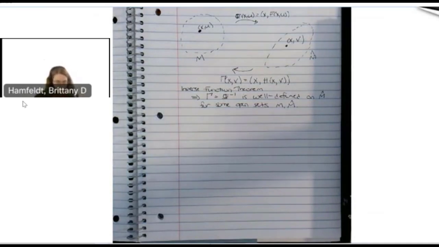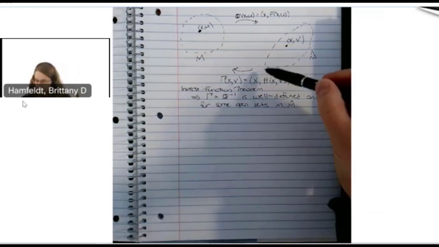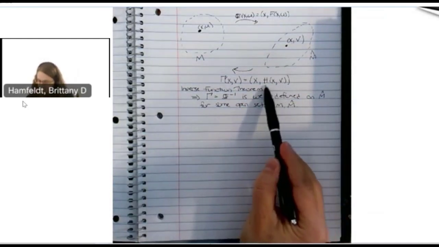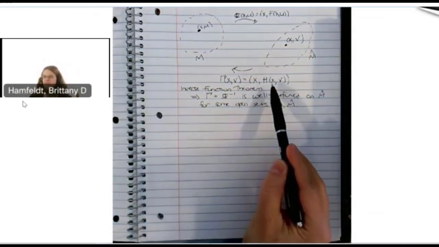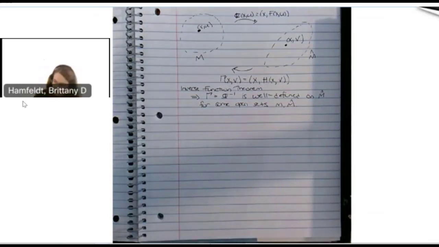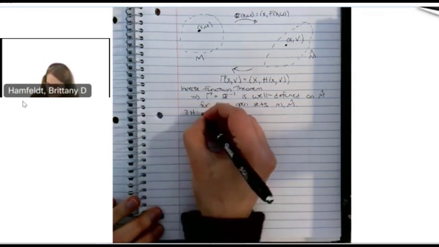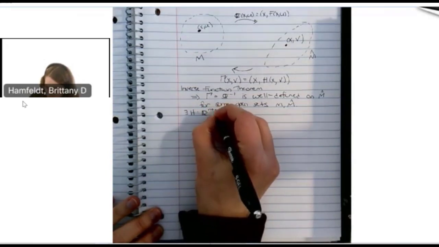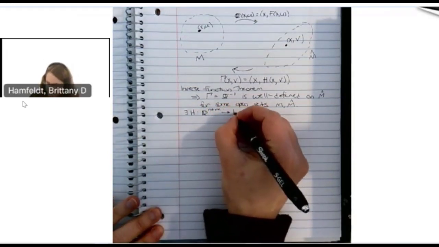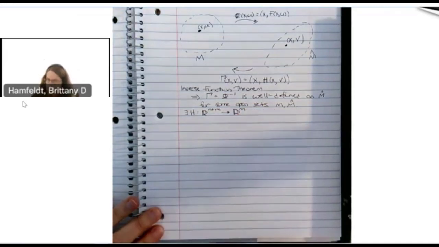Okay, so let's see what this looks like. Again, the first components are going to be X. The rest of the components are going to have some kind of dependence on X and V. So overall, there's going to exist some function H that takes all of these inputs and spits out something in R^m, takes us back to our U variables.